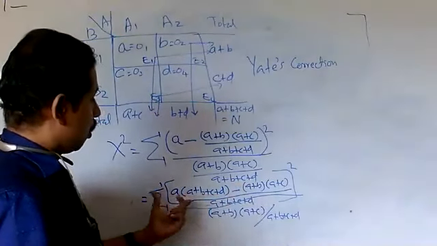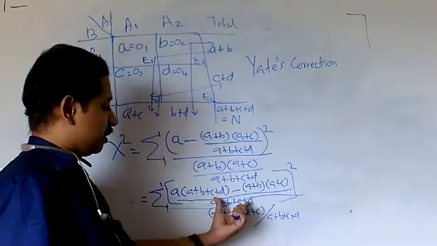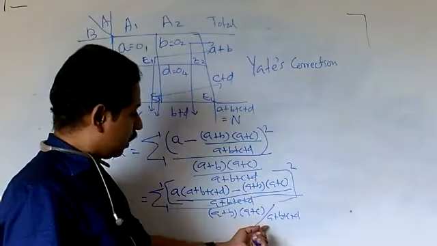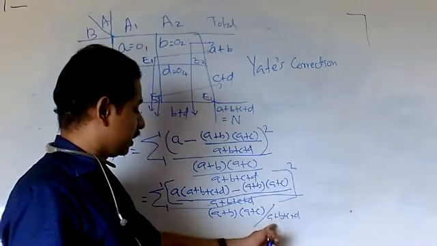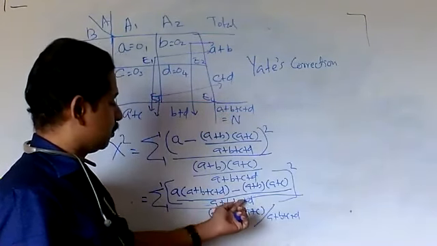Here it is all square, so the denominator is A plus B plus C plus D all square. Here also we have one A plus B plus C plus D, so you can cancel it, and only one A plus B plus C plus D remains.